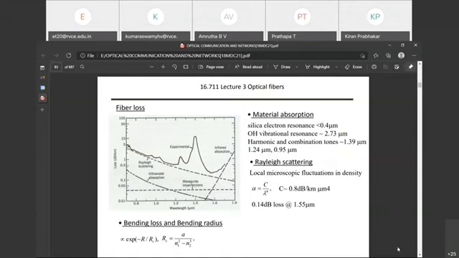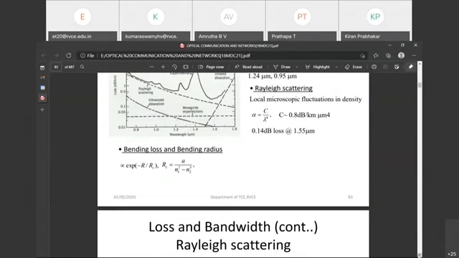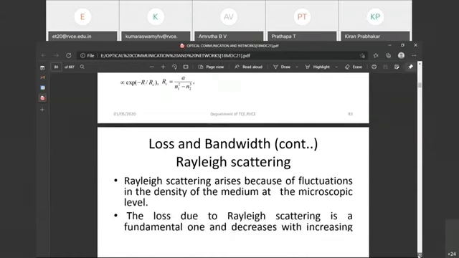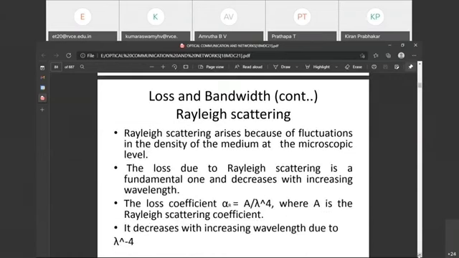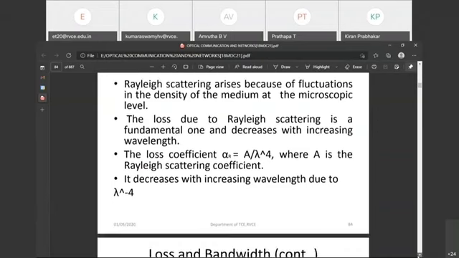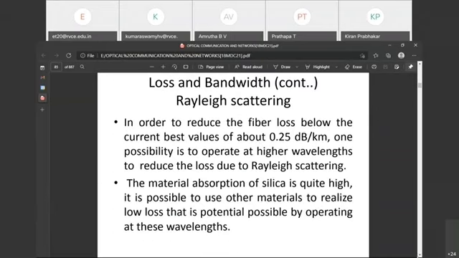This is what we talked about, and this is the optimization we are discussing.